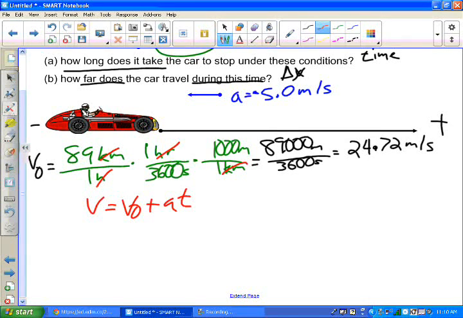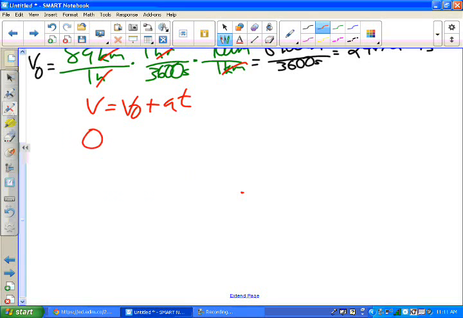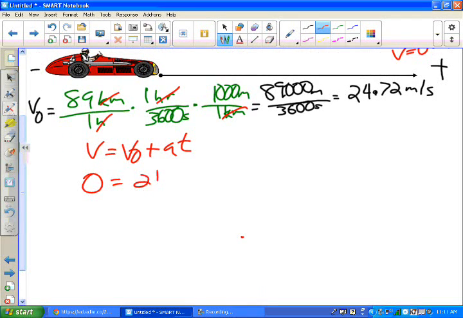I'm probably going to go with V final velocity equals V naught plus a t. And if it tells me that the car is going to stop, that means the final velocity would be 0 meters per second. So 0 is equal to the initial velocity, 24.72, minus the acceleration 5 times t.